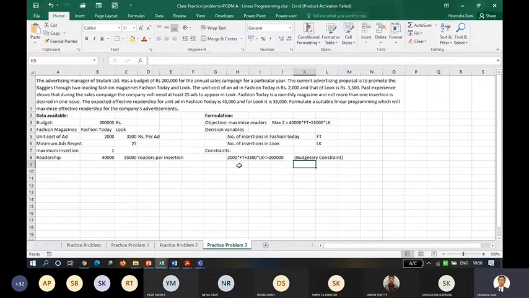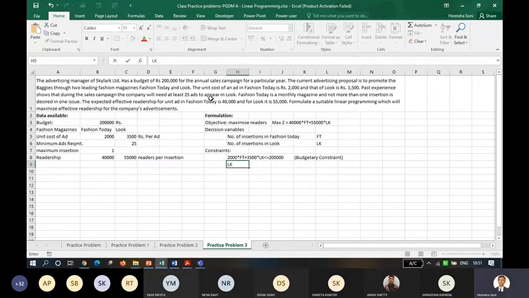Next would be the minimum ads requirement. In case of Look, it says minimum ads requirement. The company will need at least 25 ads.